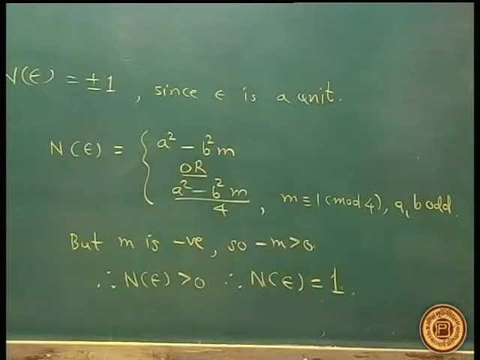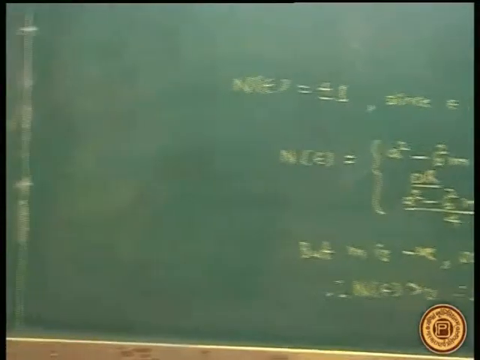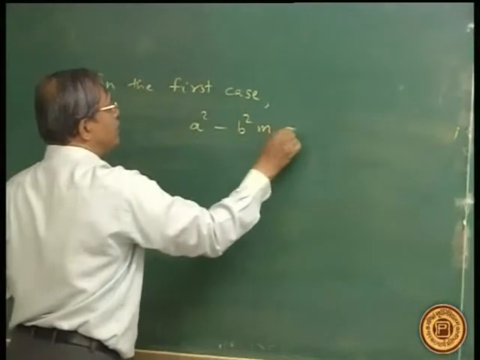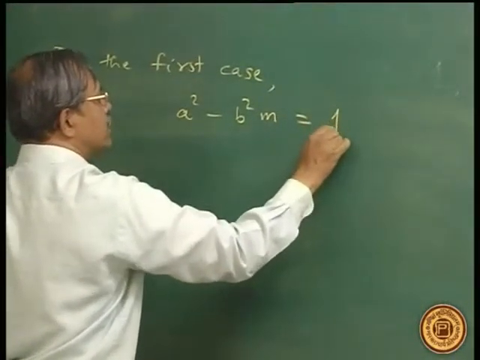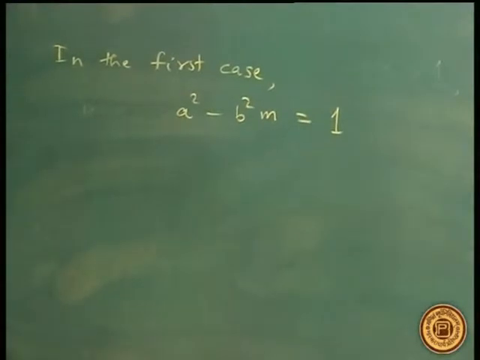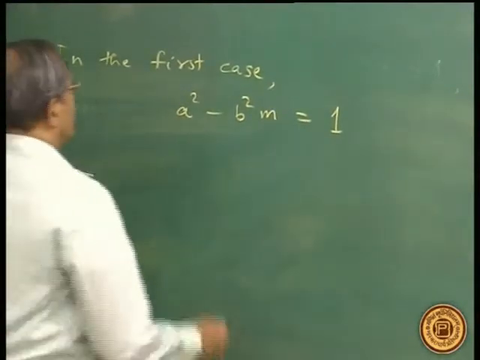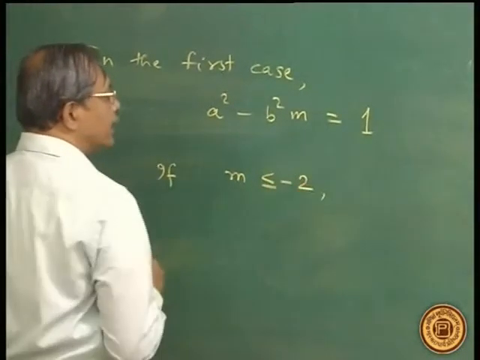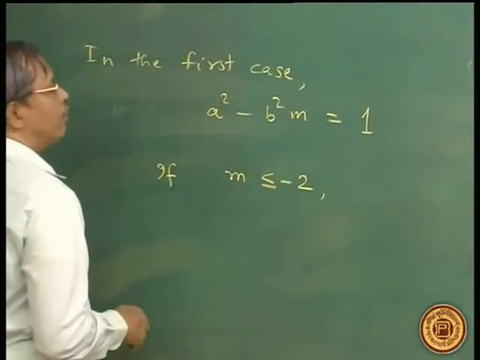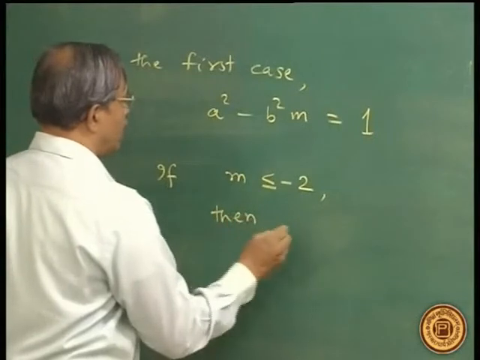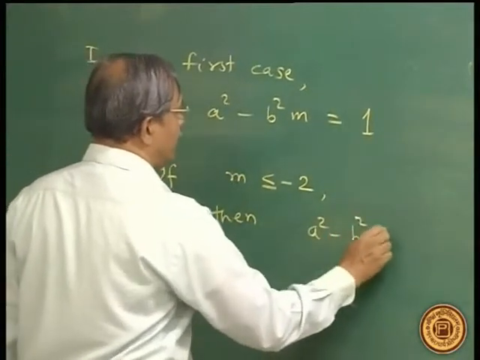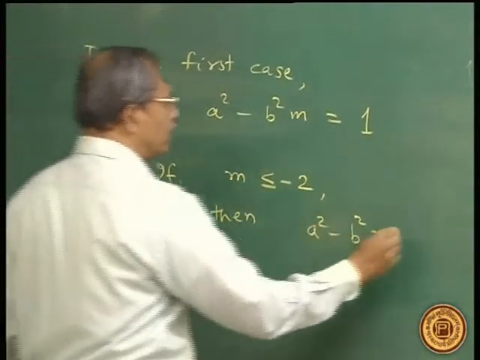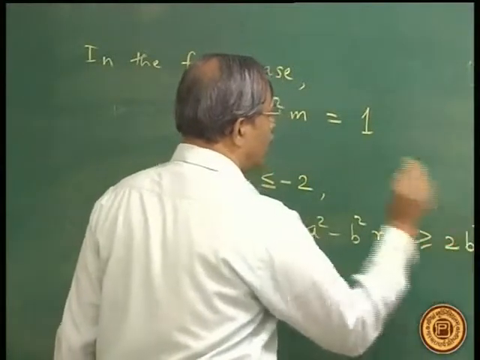In the first case, a square minus b square m is equal to plus 1. Norm is plus 1. If m is less than or equal to minus 2, then a square minus b square m, so minus m is bigger or equal to 2, is bigger or equal to 2 b square.